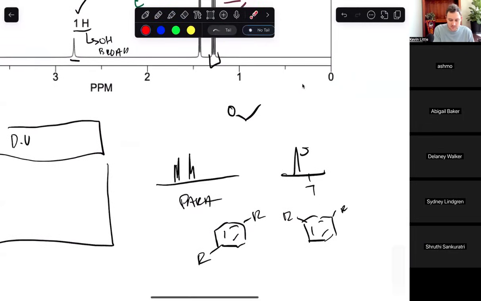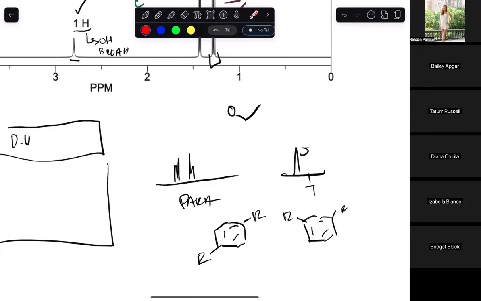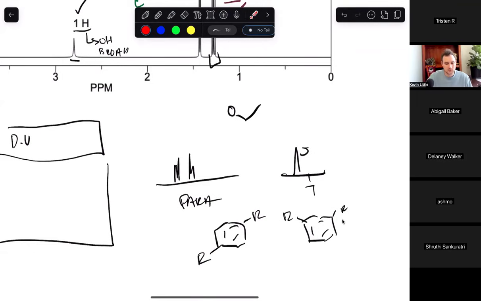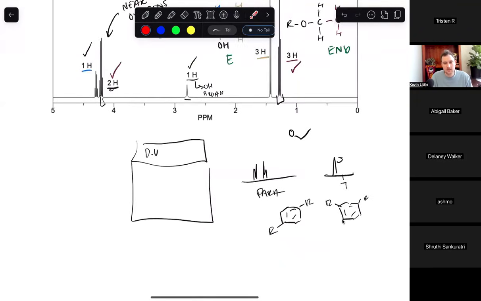This is the only di-substituted benzene I could possibly draw with one hydrogen on it, or with a singlet. Does that make sense? Those are really great questions. Any other questions?